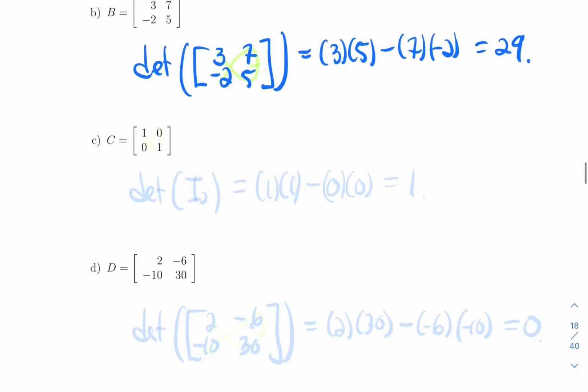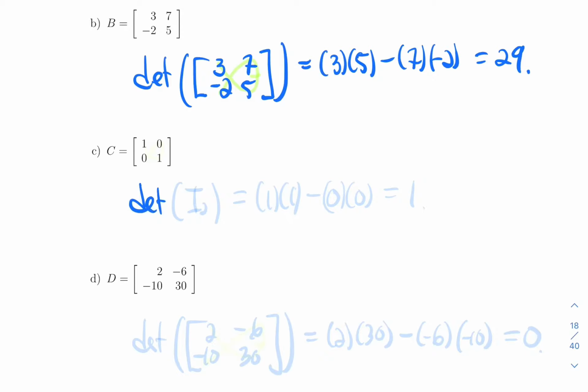And then next example, what's the determinant of the identity matrix I2? Again, if I use my fish here, you're going to get 1 times 1 minus 0 times 0, you're just getting a 1.